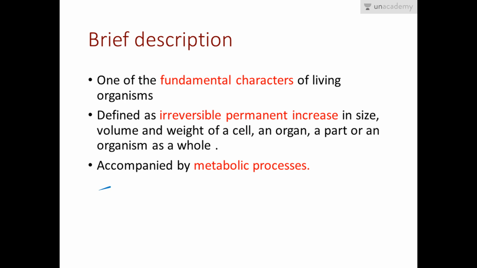This growth is accompanied by metabolic processes which can be anabolic and catabolic as well, but since we are taking growth under consideration, we will be focusing on the anabolic part more, because when a plant is growing, it is accumulating things, and so its anabolic activity is more than its catabolic activity.